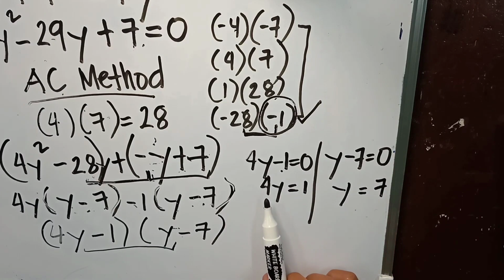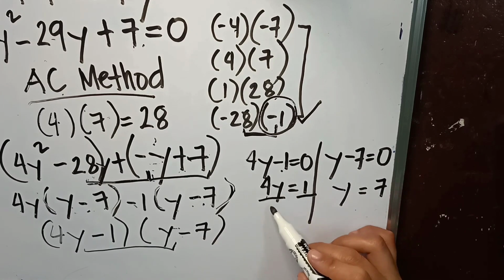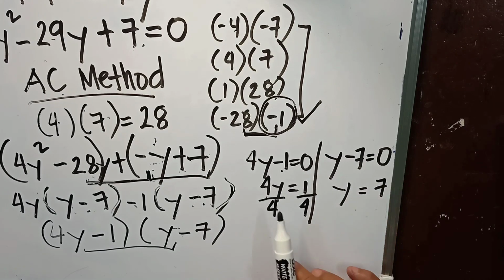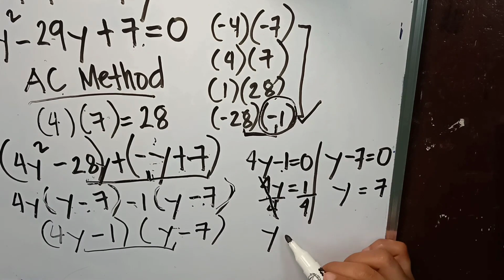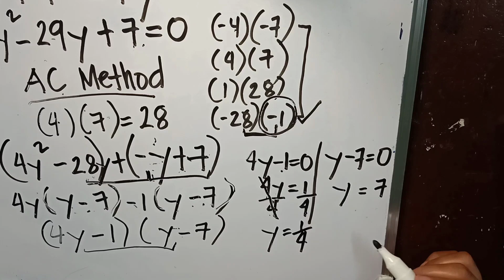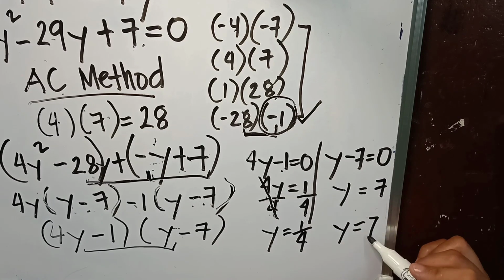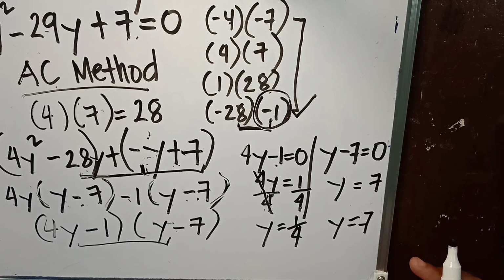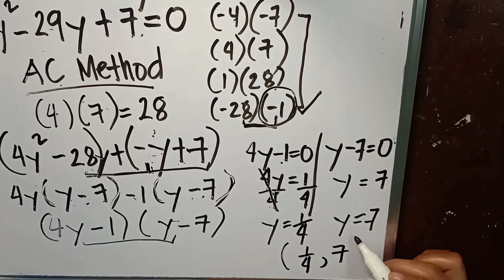Since we have a numerical coefficient more than one, we divide by 4. For example, if we have 2y here, we divide also by 2. It depends on our numerical coefficient here. Cancel. The remaining is y equals 1/4 and y equals 7. So, our solution sets now are 1/4 and positive 7.